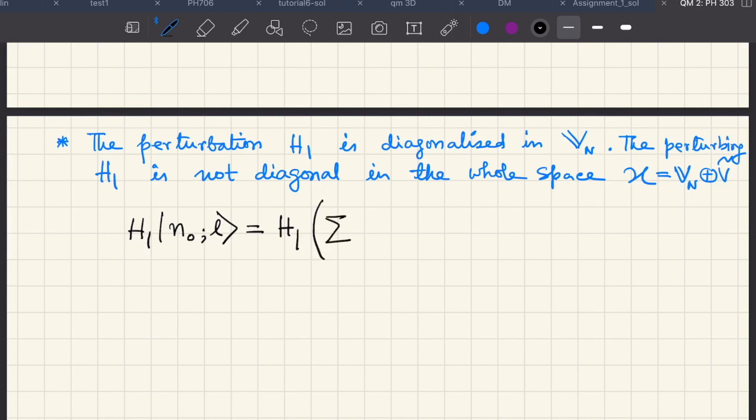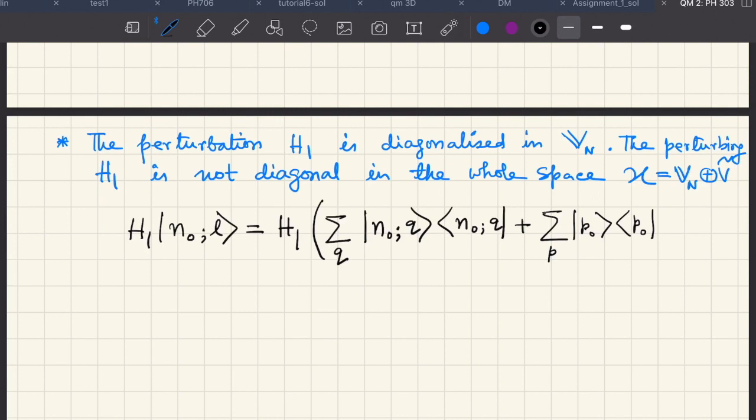I introduce a set N naught Q, N naught Q, plus sum over P, P naught, and then acting on N naught L.